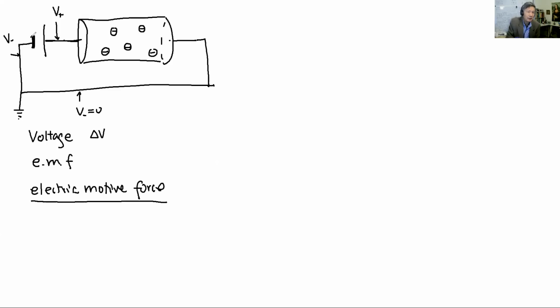You don't have to mention this force, but the potential difference would be the positive potential minus the negative one. If this is just equal to V, it minus zero.